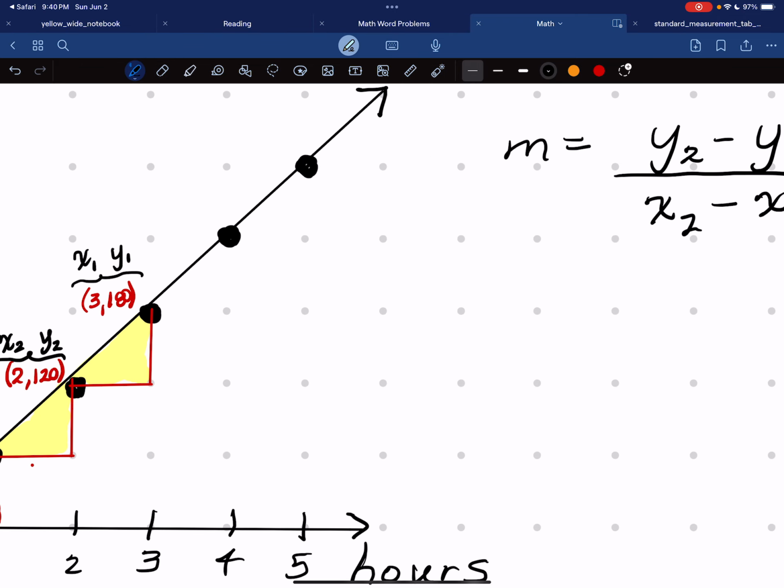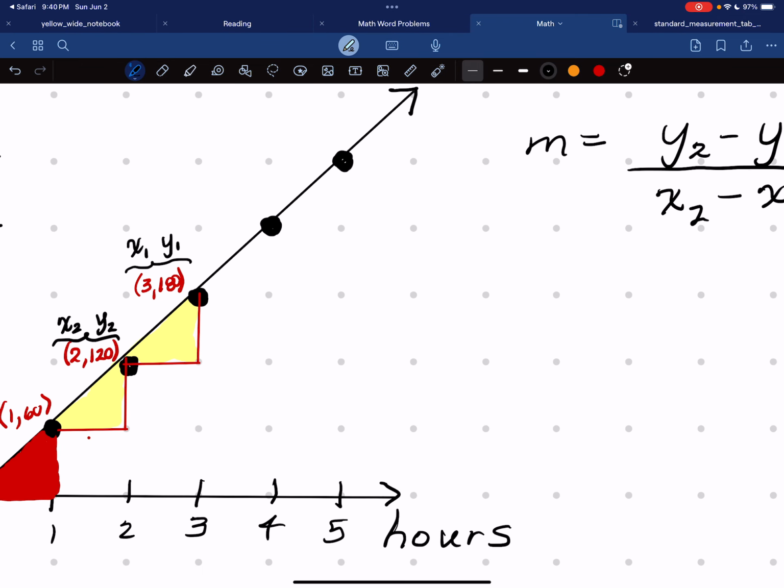Okay, so I've got my slope formula ready to go over here. So m, or slope, is y sub 2 minus y sub 1. Now don't panic on me. X sub 2 minus x sub 1. And I know that looks weird.